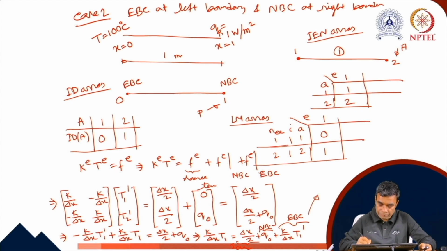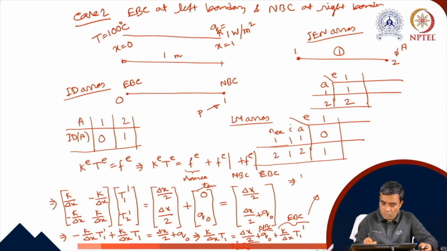So from here we get the solution. Our K is 1, delta x is 1, so T1 is the unknown, delta x by 2 is 0.5, Q0 or QR, the given heat flux, is 1 unit, plus K by delta x, this is 1 by 1, and T11 is 100 degrees centigrade.